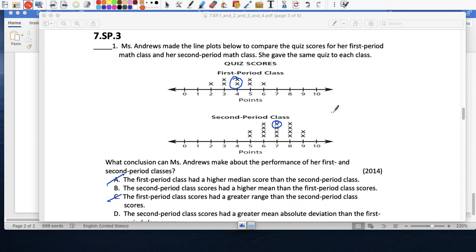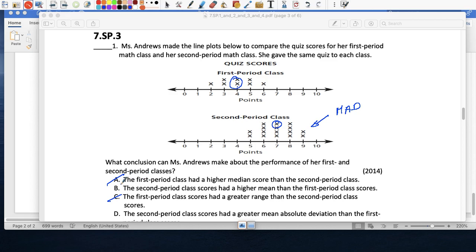Well, does this class here have a bigger MAD? So if 7 is the mean, let's say 7 is the mean, right? See how all these numbers are very close to 7, right? So I think the MAD here would be just the same as the MAD in class A. Because in class A, all these numbers are not too far from 4, and all these numbers are not too far from 7, so they're about the same.